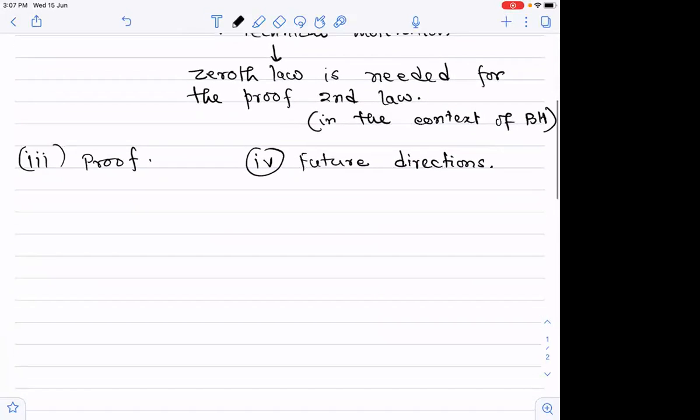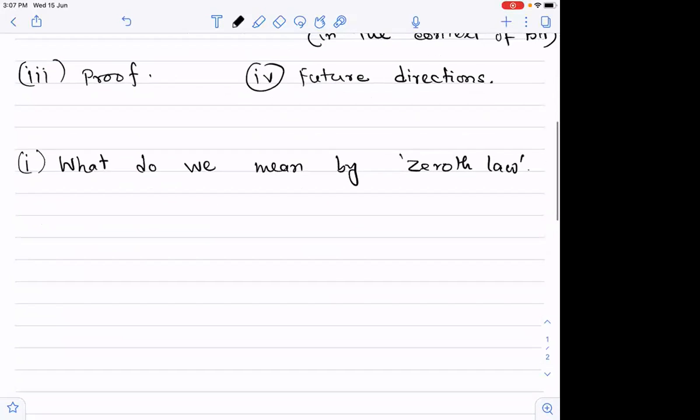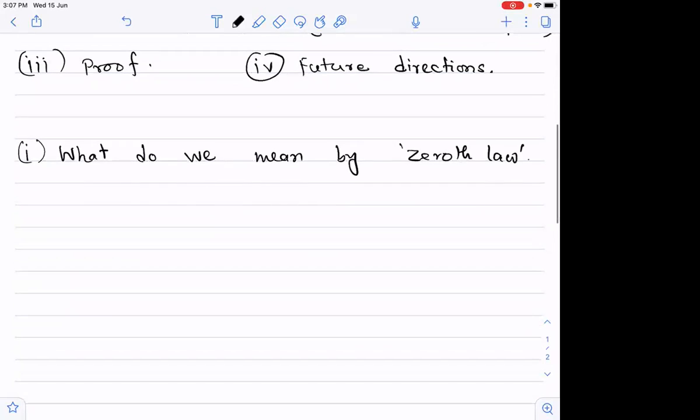We start with the first part. What do we mean by zeroth law? So we'll be dealing with a stationary black hole, and we'll assume it will have a Killing horizon.